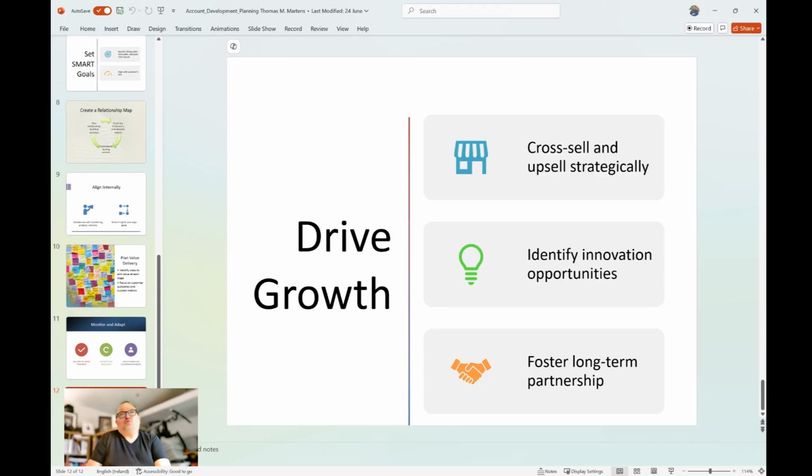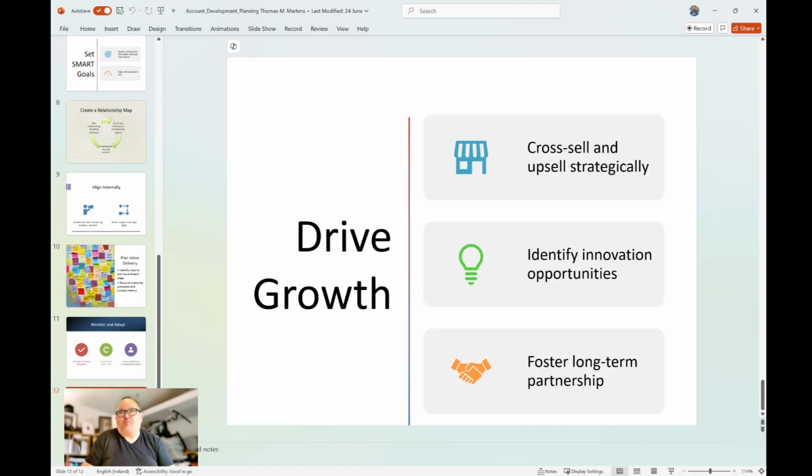To drive growth, it is very important to think about cross-sell and upsell strategically. When a customer already has a product from you, it's easy to do an upsell and a cross-sell because they know the value of the product.